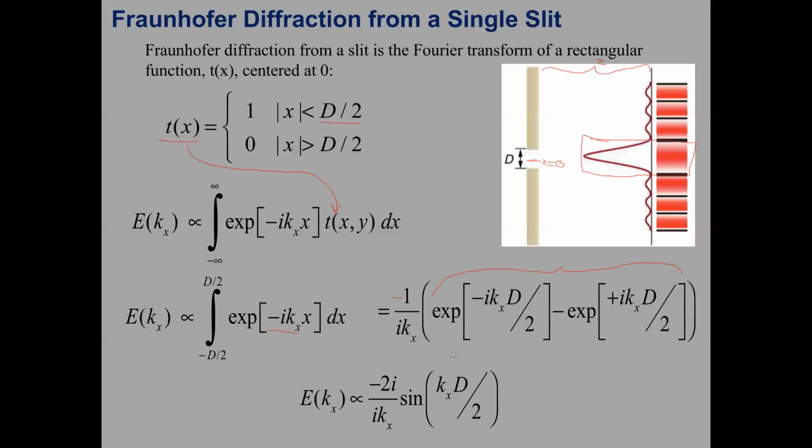Hopefully you remember those. I'm using that to replace this with minus 2i sine kxd over 2. And doing some simplification, the i's, of course, cancel, and we get our electric field as a function of the wave vector component kx.